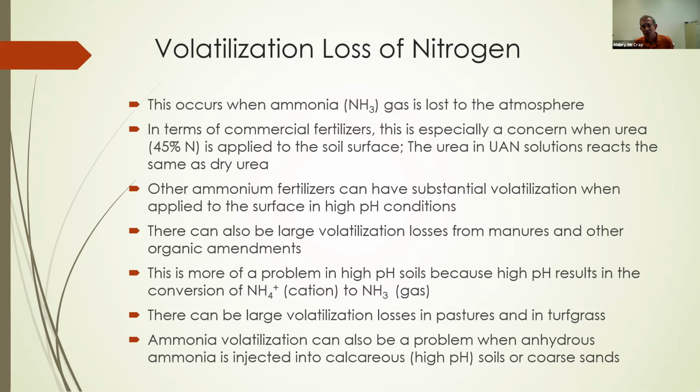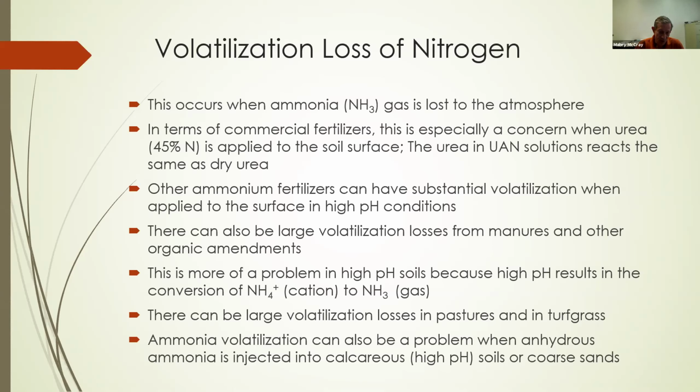Also, other ammonium fertilizers can have substantial volatilization when you have high pH conditions. There can be large volatilization losses from manures and other organic amendments. And this is more of a problem in high pH soils because the high pH results in the conversion of the ammonium cation to NH3 gas.